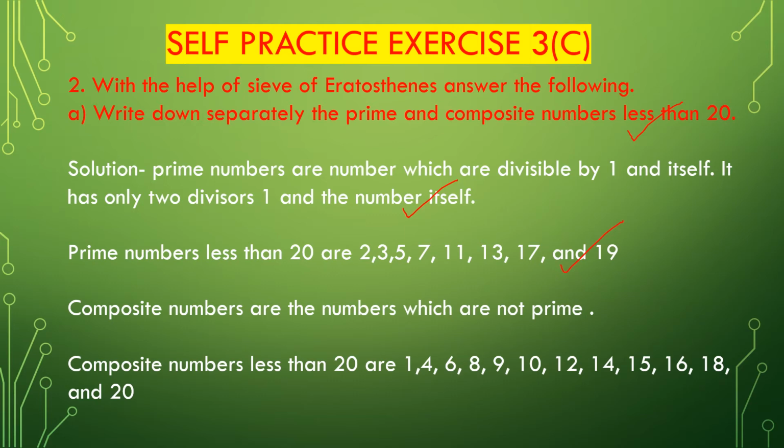So here composite numbers less than 20, which are not prime, are 4, 6, 8, 9, 10, 12, 14, 15, 16, 18 and 20. These are the composite numbers less than 20.